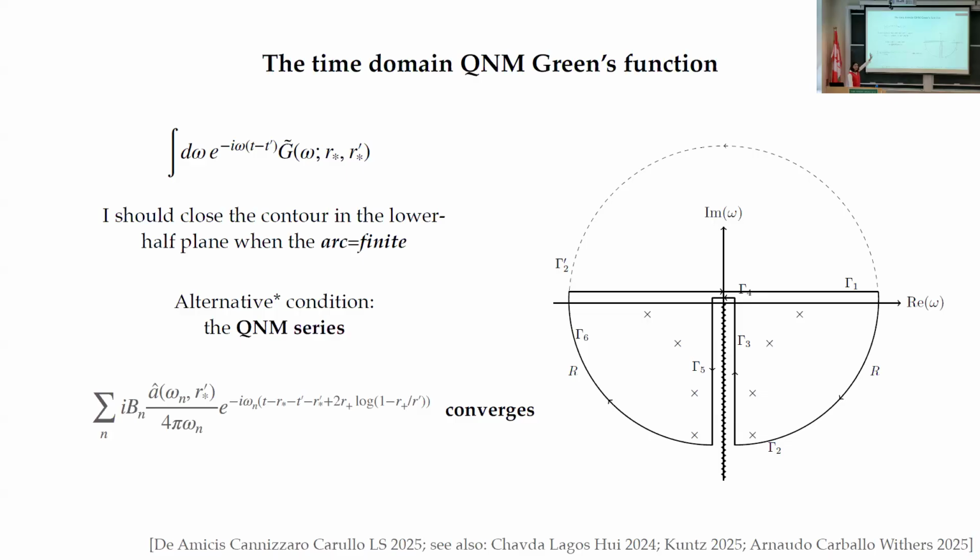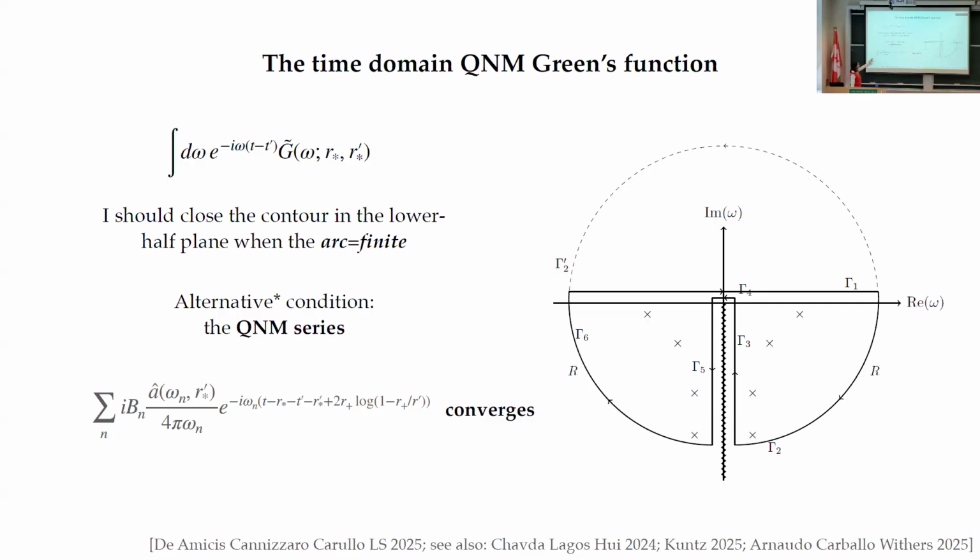So we want to find the condition to be able to close the contour in the lower half plane. In our work, we actually restrict ourselves to a simpler condition, which is just the requirement that the QNM sum at least converges as we sum over an infinite number of poles.